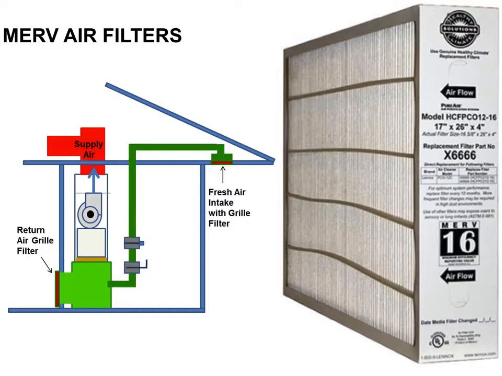So we normally have what's called HEPA or MERV air filters. MERV is a type of rating for how thick and effective a filter can be. So the higher the MERV rating, the thicker the filter. But again, there's also an energy trade-off.